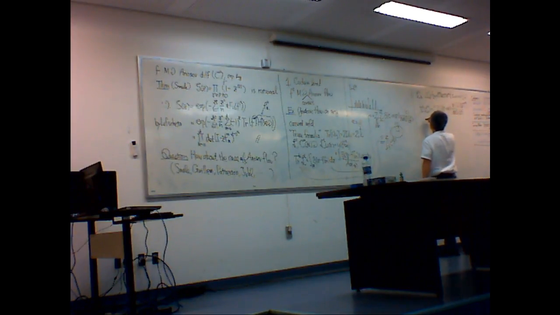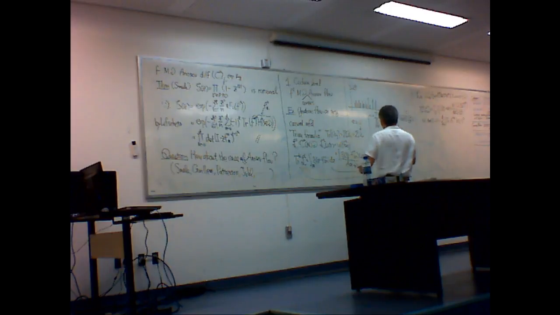Because actually we have some formula like this: the determinant of identity minus A equals the sum over k of (-1)^k trace of the k-th exterior power of A.